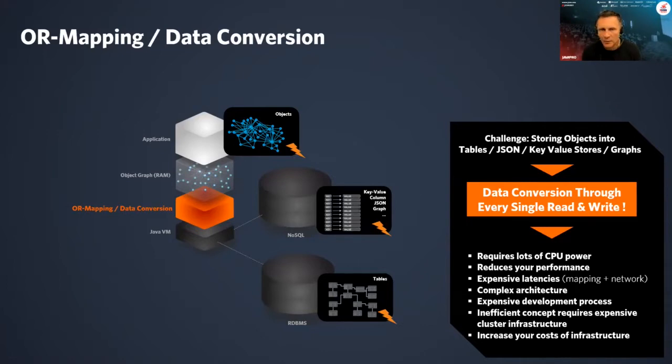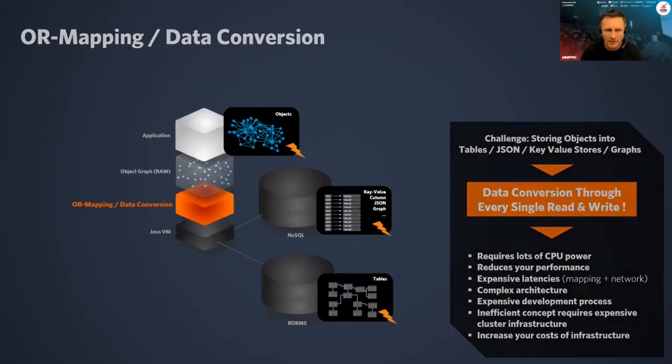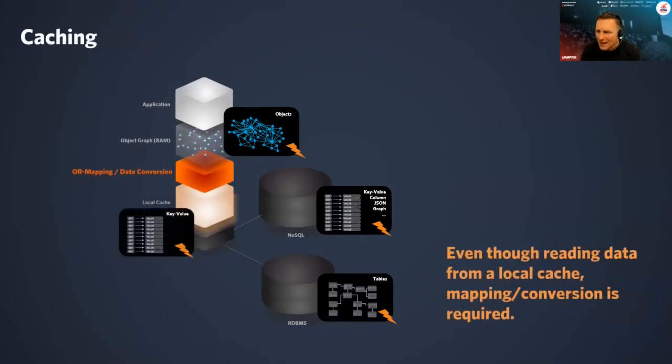And what is really astonishing is that even when we access a local cache directly and read data from it, it is not as fast as it should be, because mostly the objects are serialized in the cache and have to be deserialized.